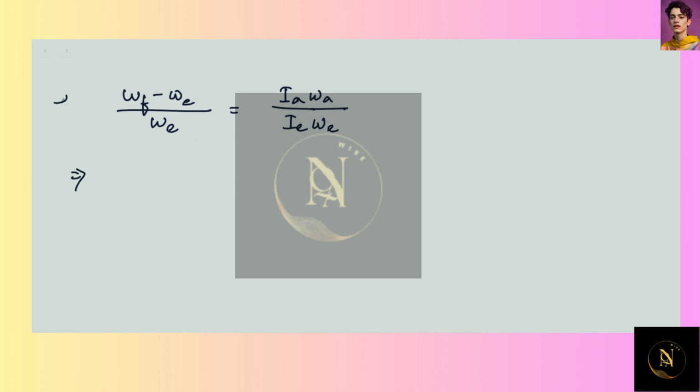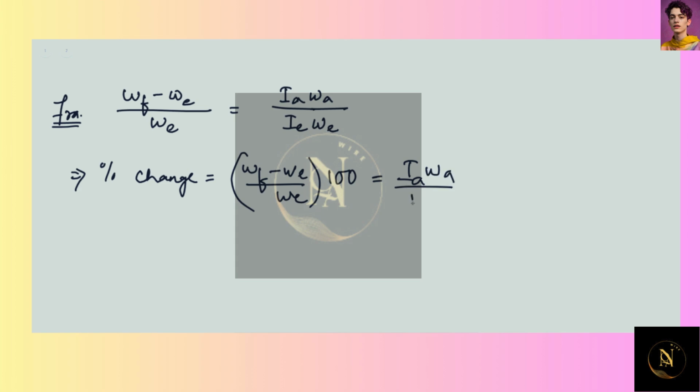So this is the fractional change. Therefore, the percentage change will be the fractional change times 100. This will be equal to IA omega A over IE omega E times 100.